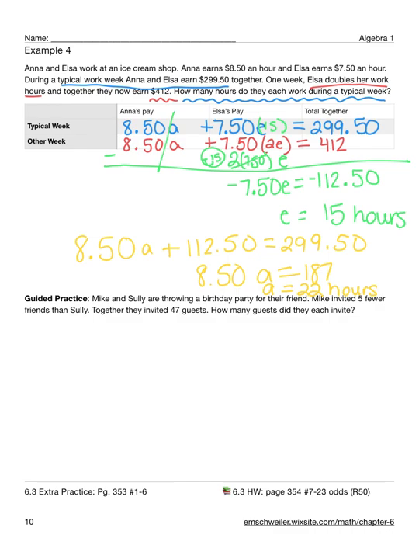So make sure for your label that you put hours and maybe even explain that this is Elsa and that this one is Anna.